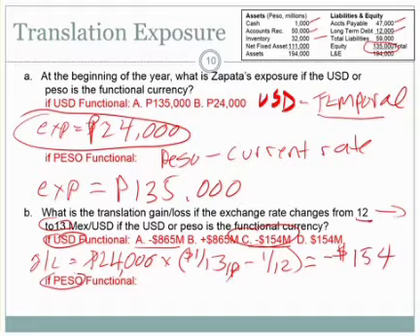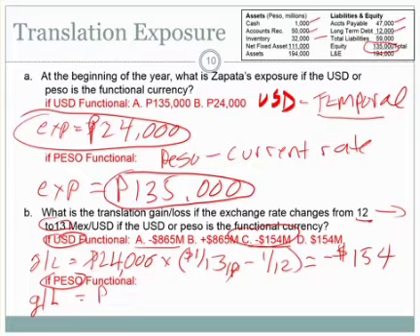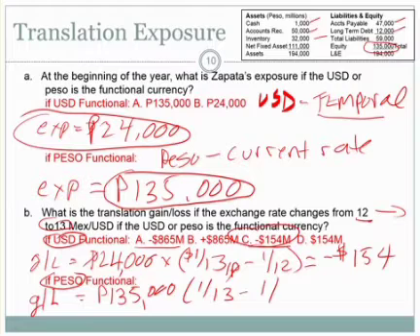Now, if the peso is the functional, we're going to revalue all accounts because of the current rate method, and my gain or loss in this case is going to be 135,000 times the change in the exchange rate, and they would lose 865 million.